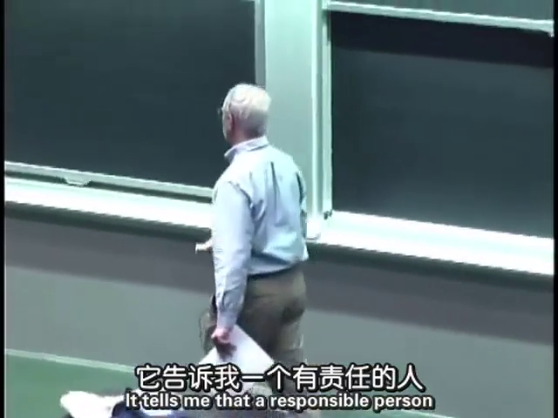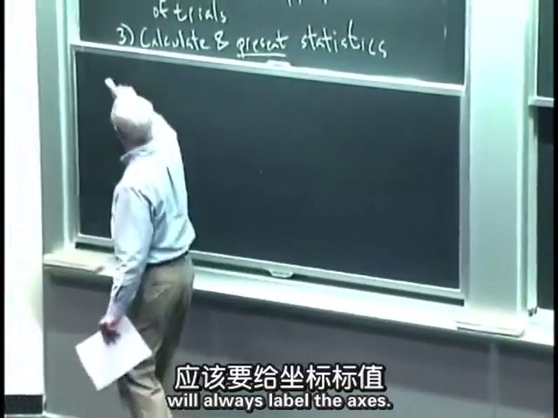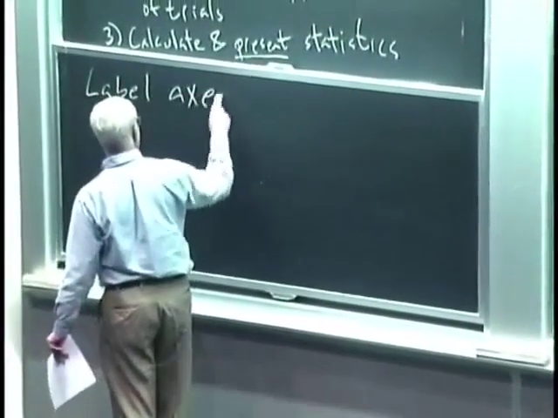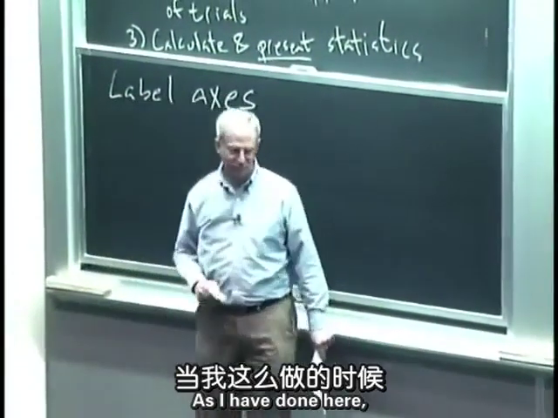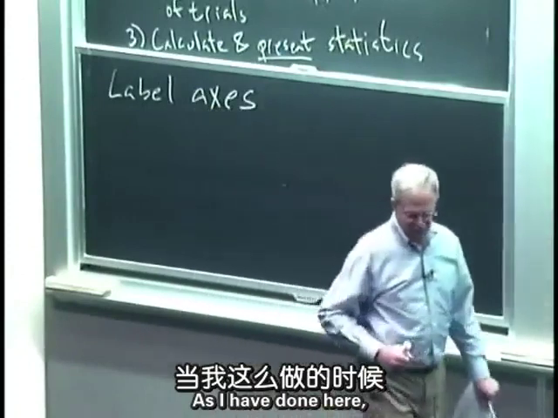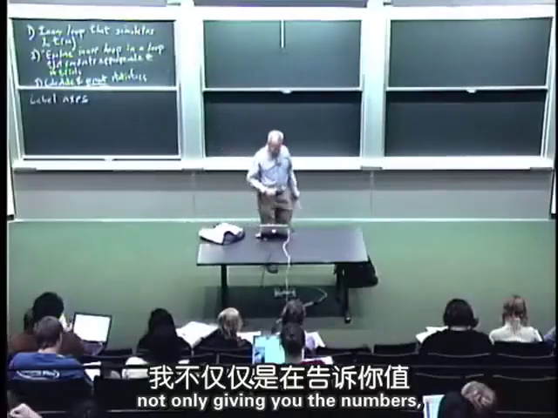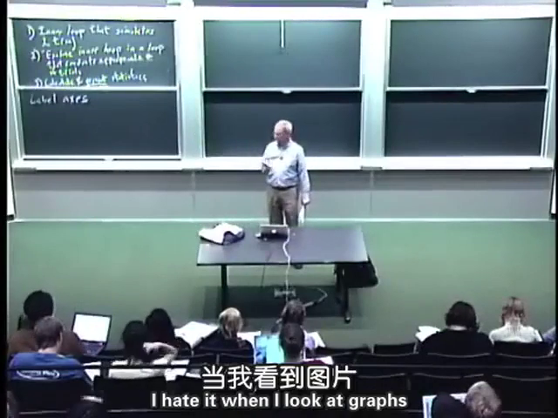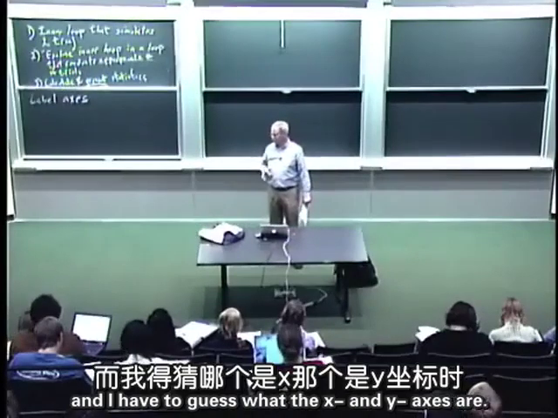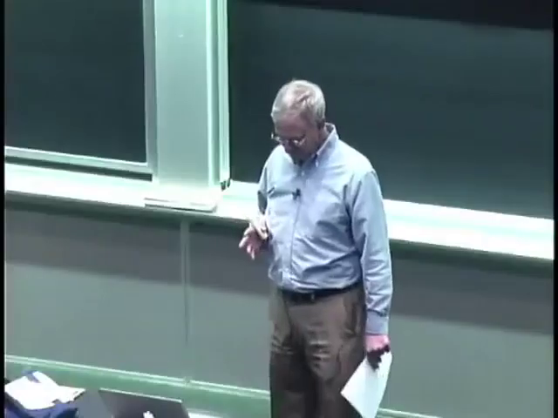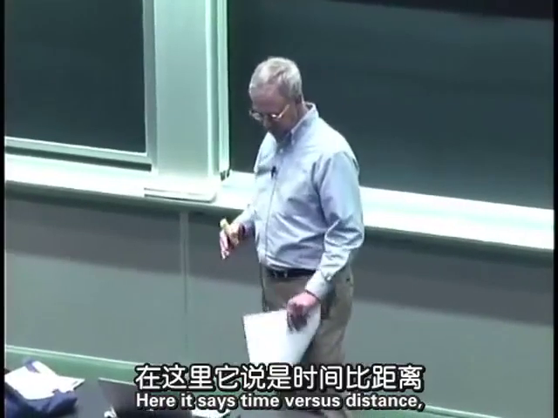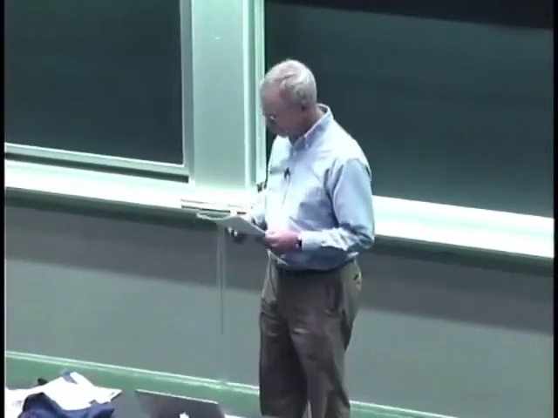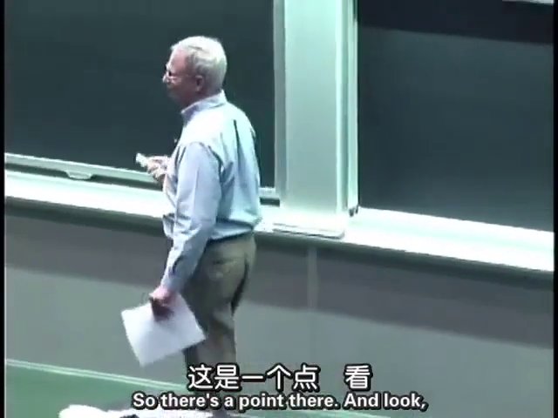It tells me that a responsible person will always label the axes. As I have done here, not only giving you the numbers, but telling you it's the distance. I hate it when I look at graphs and I have to guess what the x and y axes are. Here it says time versus distance. And you've also noticed I put a title on it. So there's a point there.